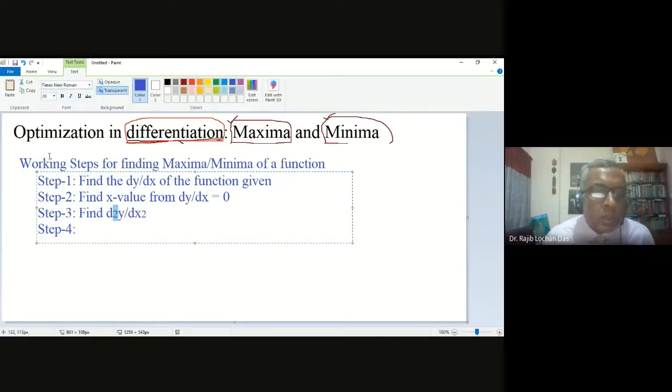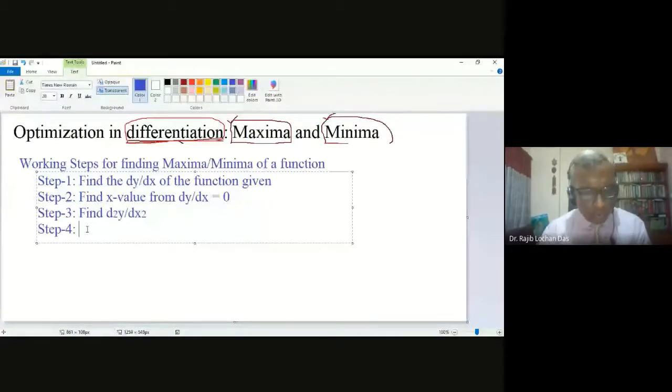The power should be written a little upward. You understand maybe, right? I will make it later. So this is step number 3. Just find the second derivative.